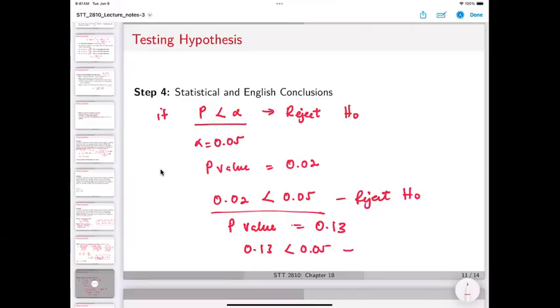If this is not true, we what? We fail to reject H naught. Where do we get the alpha from? The alpha is assumed, like 95% confident. When you go on StatCrunch, it shows there, it's 5%.